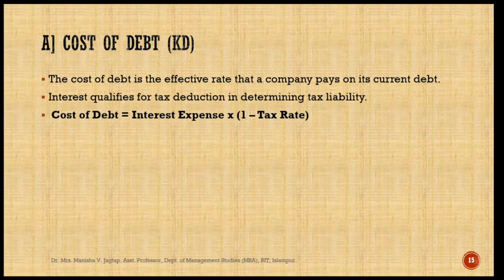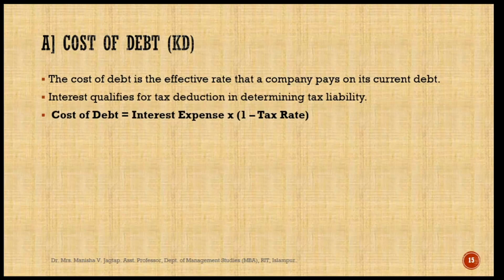This is paid to compensate for the risk they are taking while investing their money in an organization. The second important part is that the interest paid to debenture holders is considered for tax deduction, and therefore the tax liability of the organization gets reduced. Then we saw the formula for calculating cost of debt: interest expense into bracket 1 minus tax rate.